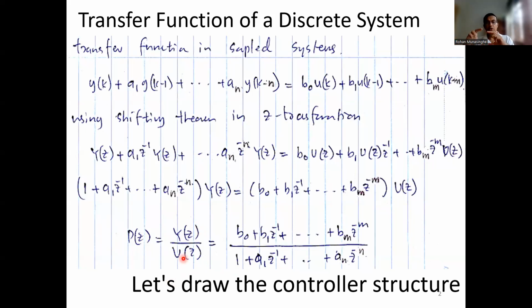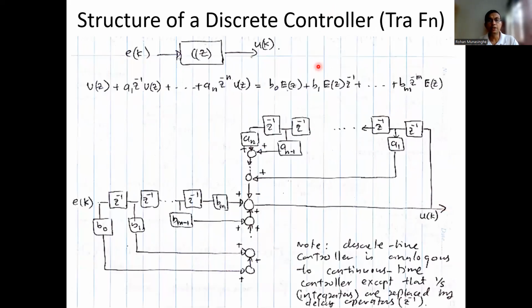So how do we draw the controller structure? If you want to implement this controller electronically, you need to draw the structure, how the components are connected and so on, okay? The structure would be like this. You have the error going into the controller, C(z), and what comes out of that is u(k).